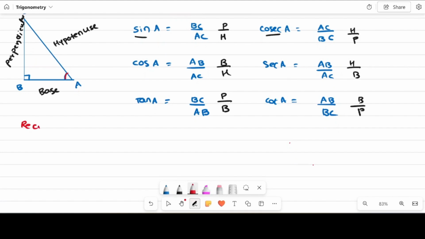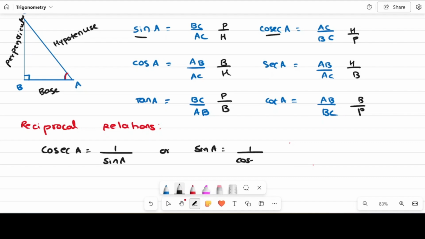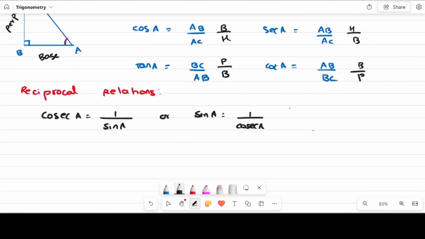So our reciprocal relations we can write as cosecant A is equal to 1 by sin A, or sin A is equal to 1 by cosecant A. Then we have secant and cos.